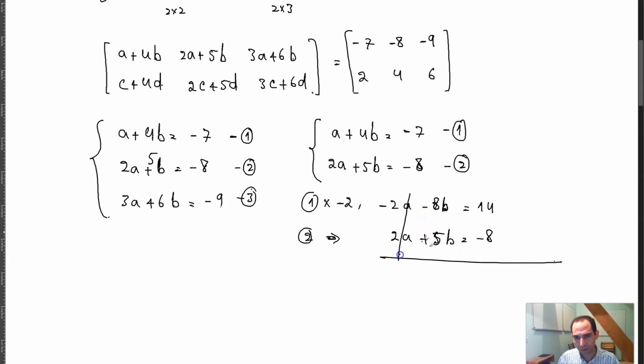Add them together, you will get negative 3B is equal to 6. That means that B is equal to 6 divided by negative 3, which is equal to negative 2.